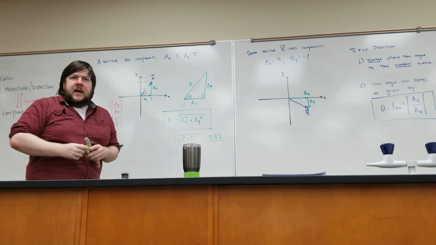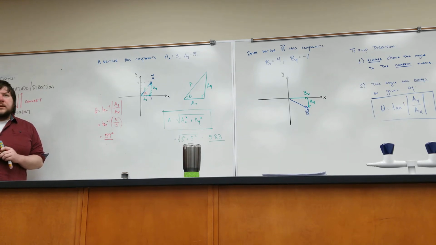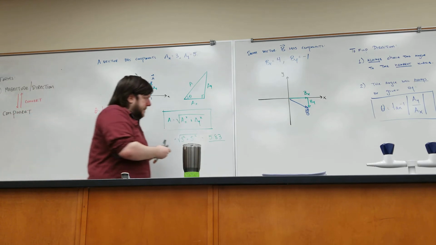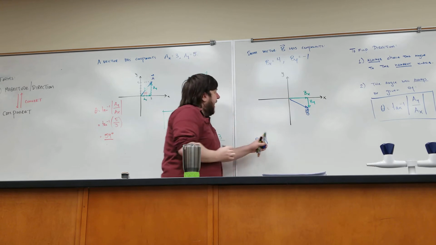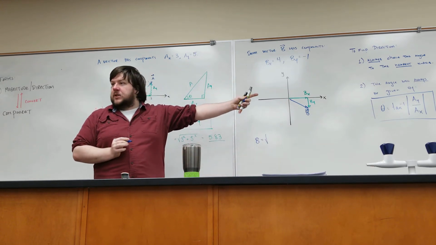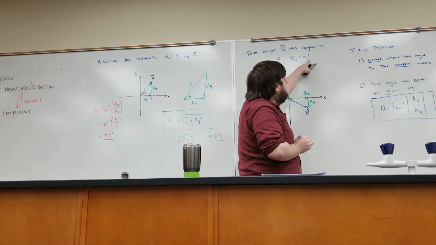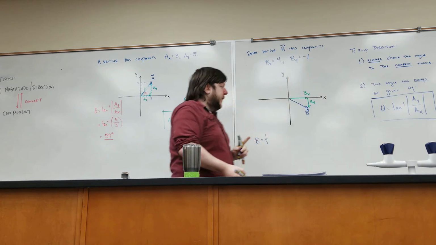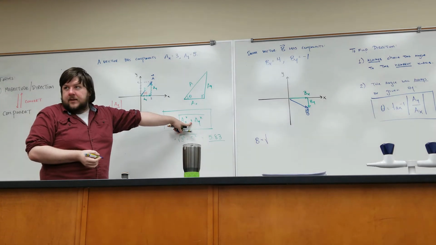Okay? How will we find the magnitude of b? Pythagorean theorem, right? Always the Pythagorean theorem. Okay? So the magnitude of b is always going to be the square root of the x component squared plus the y component squared. Something to always recognize is that this y component is negative, but when you square it, it will always be a positive number. Okay? This will always be a positive sign. It will never be a negative sign.